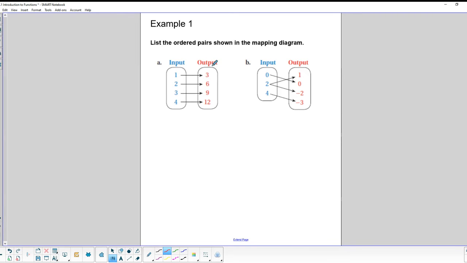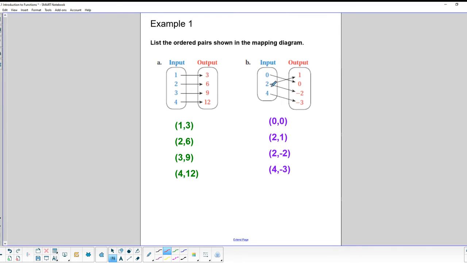All right, so now we're going to show you that if you have a mapping diagram, which is what these two things represent, how would you write all of these numbers that have been mapped as a list of ordered pairs? Well, this is what they would look like. So the first one would be 1, 3, the next one 2, 6, 3, 9, 4, 12, and so on. On this second one, we have 0 and 0.